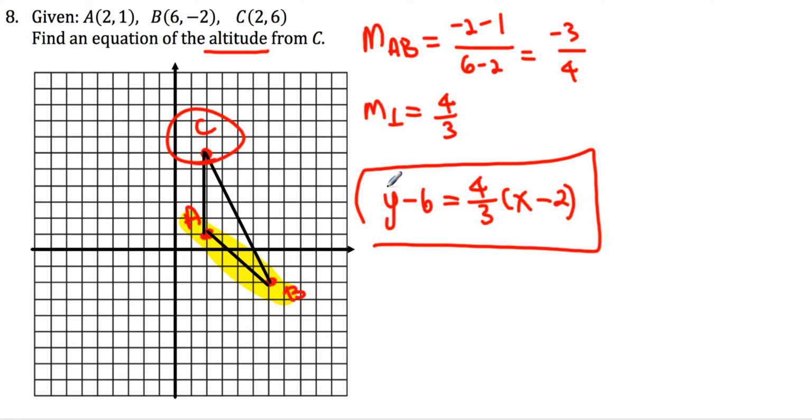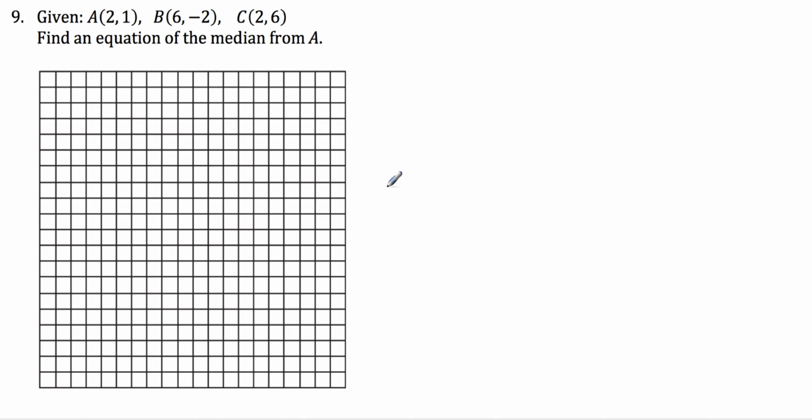Alright, let us look at number 9. Now we want to look at the median. In order for you to do the median, we need the midpoint of the opposite side.